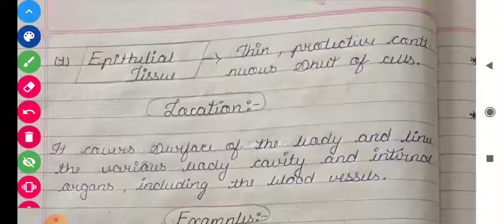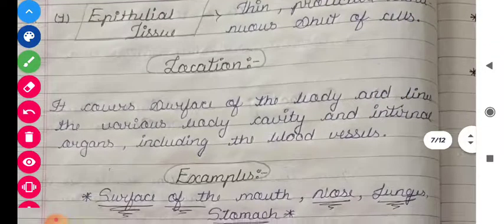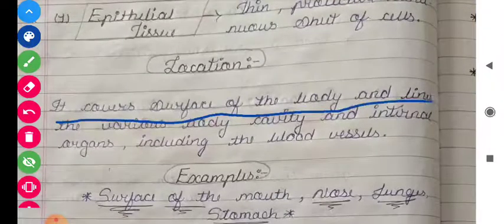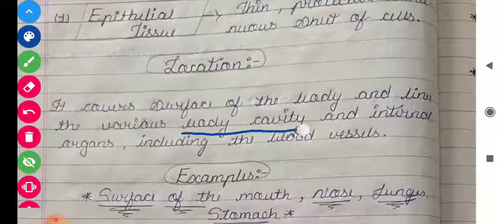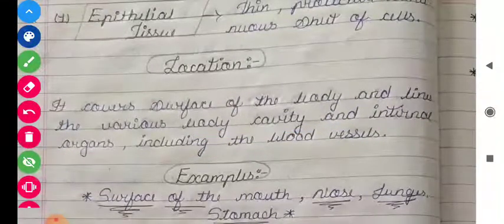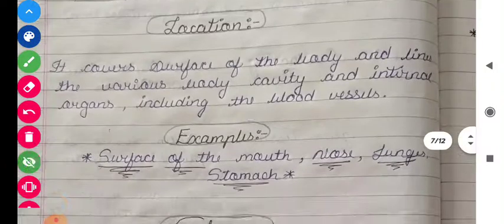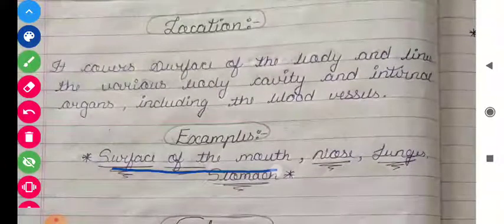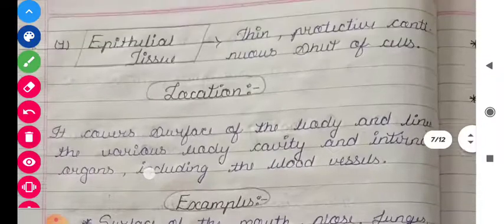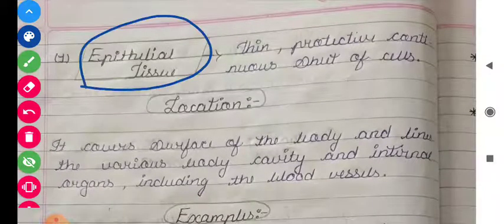Epithelial tissues, where they are located, and after that I will tell you the function. Students, the epithelial tissue is made up of the same type of cells. It covers the surface of the body and lines the various body cavities and internal organs, including the blood vessels. It means, students, the surface of the mouth, nose, lungs and stomach is made up of epithelial tissue.